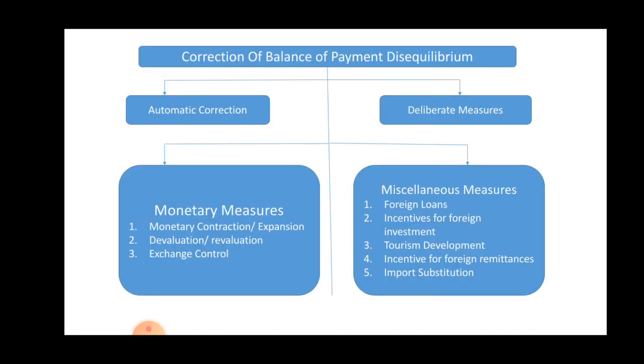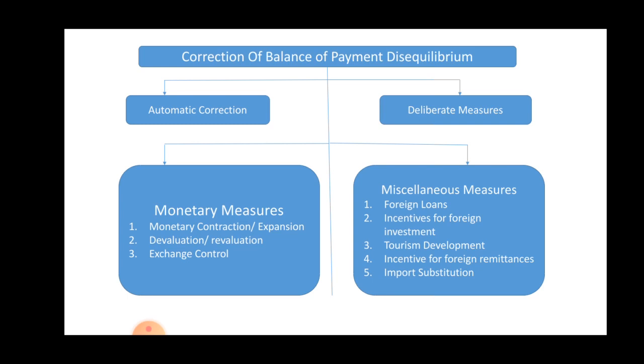Next, correction of balance of payment disequilibrium. First one is automatic correction, the second one is deliberate measures. Deliberate measures are of monetary measures and miscellaneous measures.